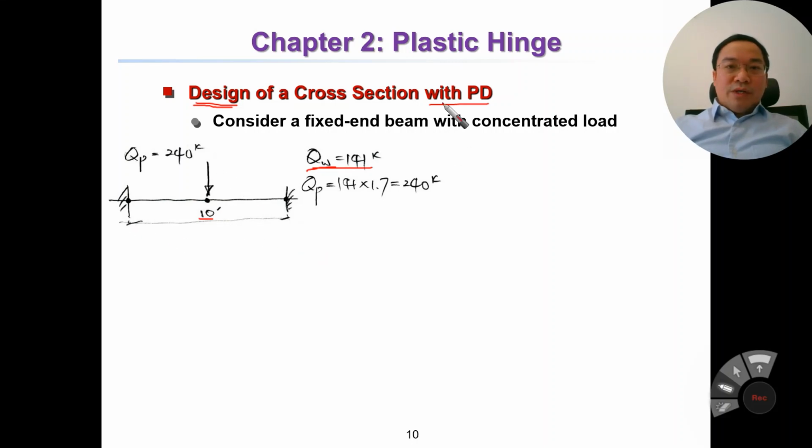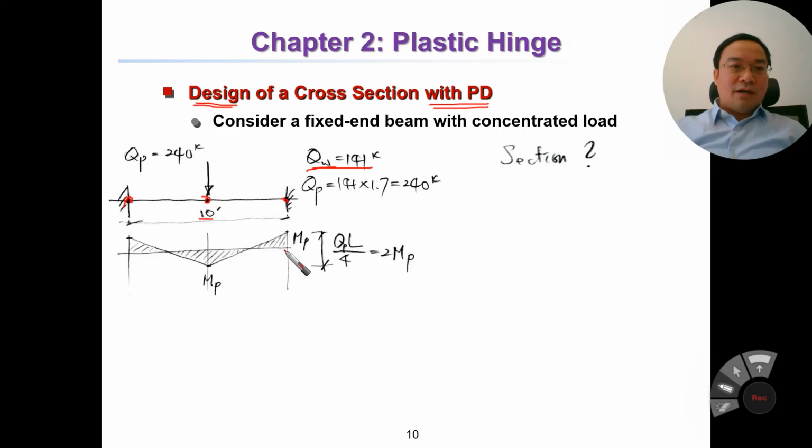And because we use plastic design, we assume 3 plastic hinges occur. So we have a moment diagram corresponding to 3 plastic hinges.